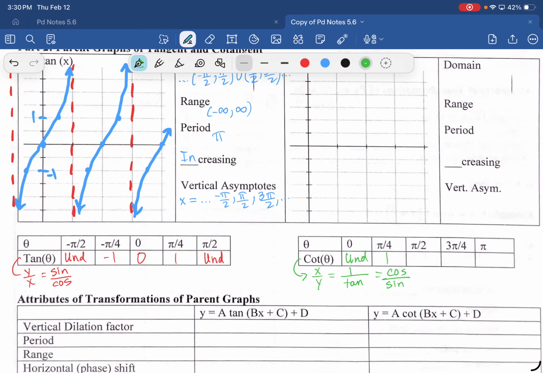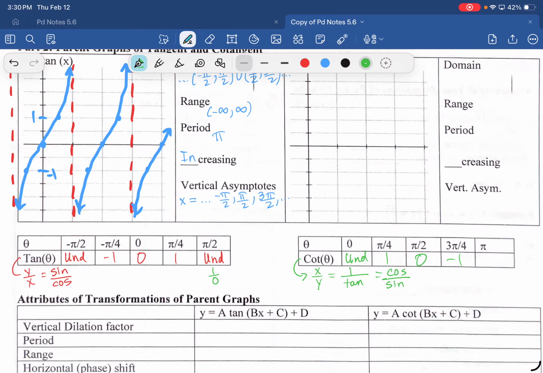So tangent and cotangent parent graphs, period is pi. The other 4 parent graph periods, 2 pi. This graph is decreasing as those S-shaped pieces are now going down from left to right. And our vertical asymptotes happen at, for example, 0 and pi and 2 pi and on and on forever.